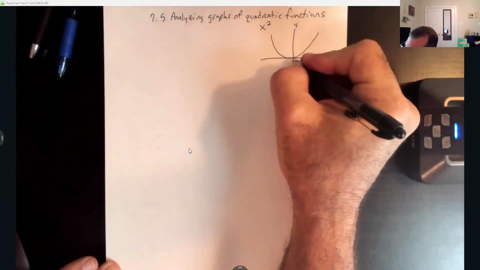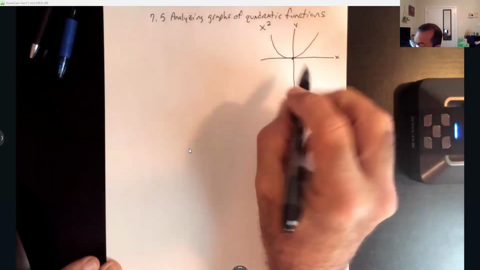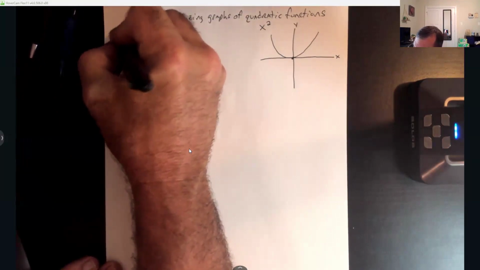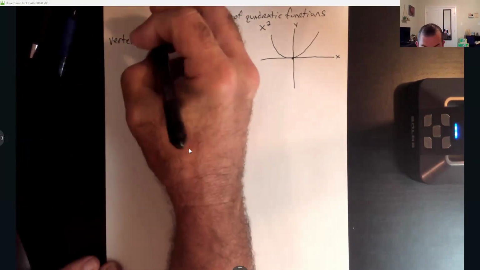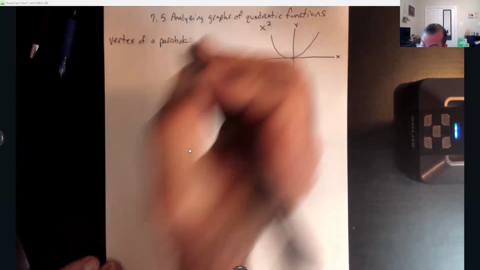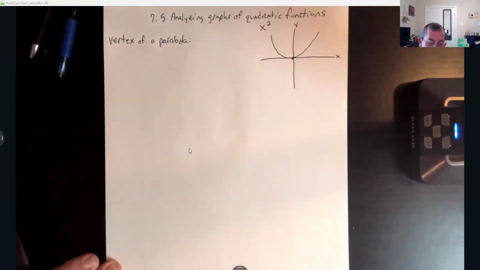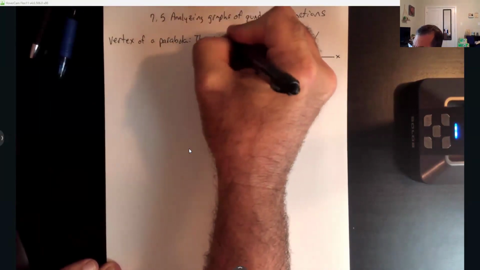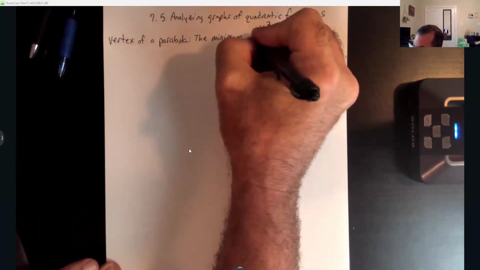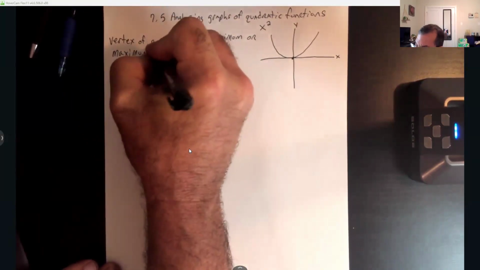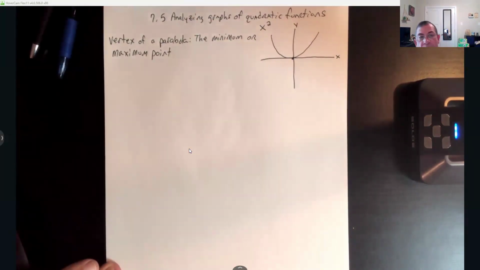So what we're worried about is what we call the vertex, which is that low point, or if it's flipped over, it could be the high point of the graph. So we're going to focus on the vertex of the parabola. All right, so technically it is the minimum or maximum point of a parabola.